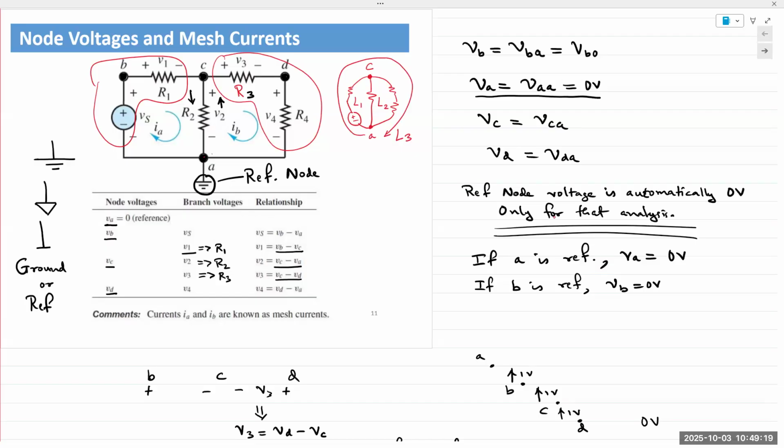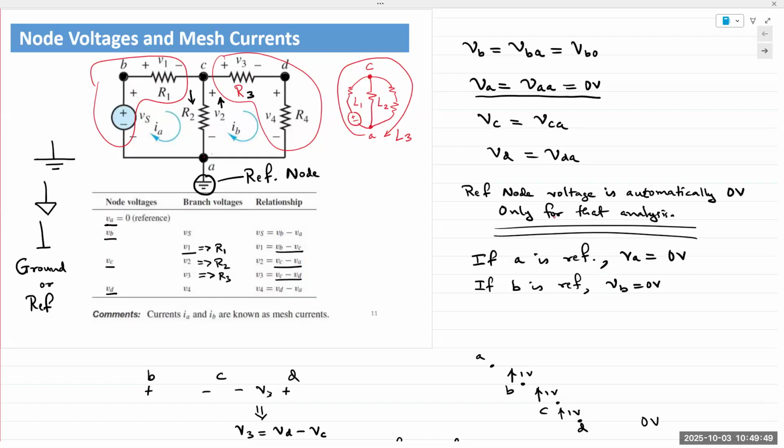The special thing about loops is that they can contain other loops inside them. So L1 and L2 are inside loop number 3. Every circuit will have an outer loop, and then they'll have other smaller loops inside it. But a mesh is a special kind of loop, meaning it does not have any other loops inside it.